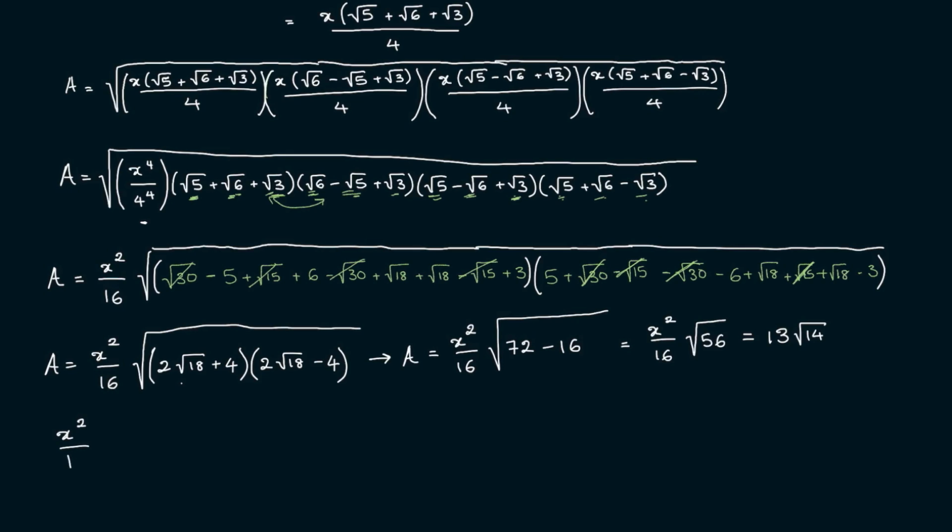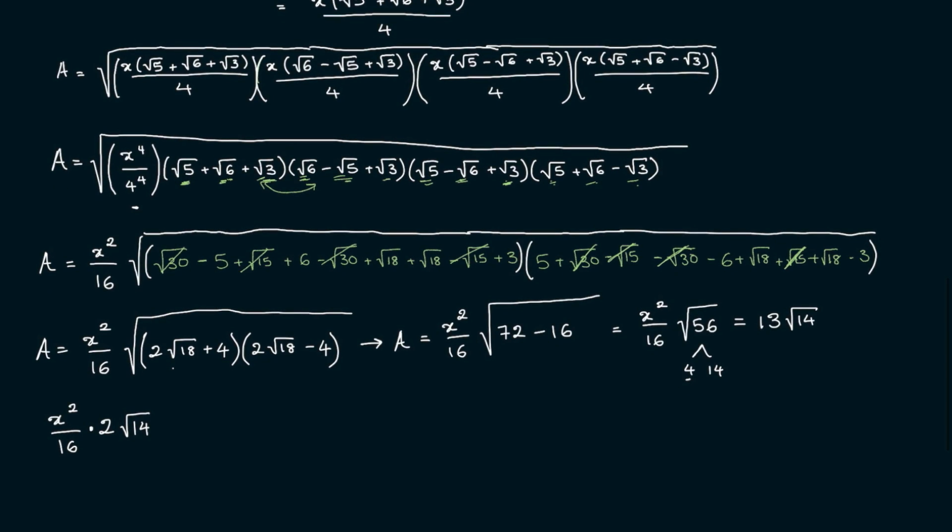So now we have x squared over 16 times 56, and in this 56 we have two factors of 4 and 14. Since 4 is a perfect square, we can pull it out of the square root, and we'll get 2 times radical 14. And this is equal to 13 radical 14.